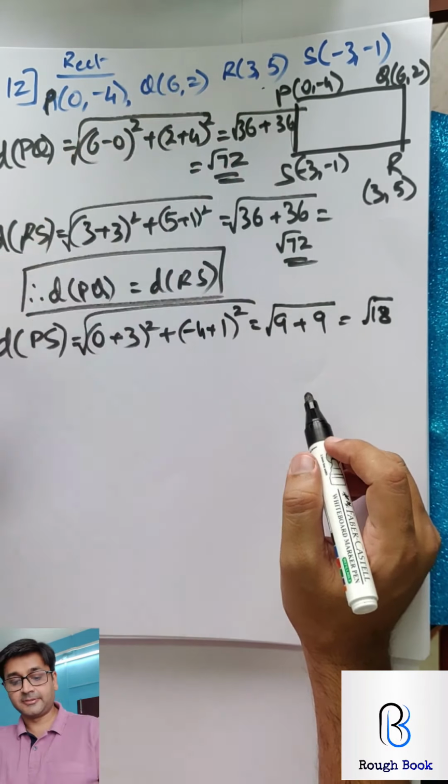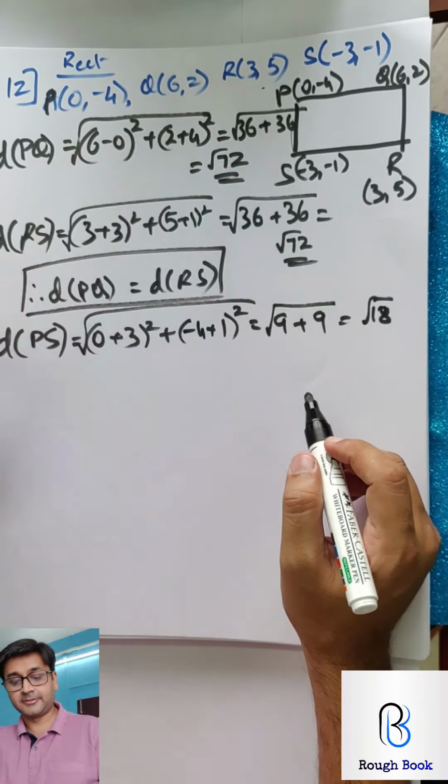And then you say the last line: since opposite sides are equal and diagonals are equal, therefore quadrilateral PQRS is a rectangle. Do you understand how to go about it now? So 6 times we happen to apply the distance formula here, and we proved that this particular thing is a rectangle.